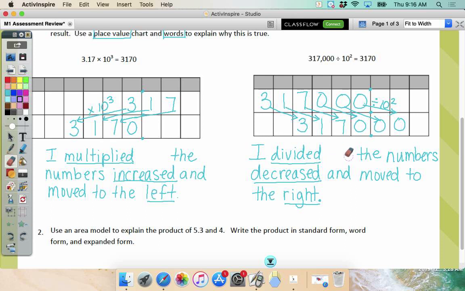I don't really like my wording with two ands in there, so I'm changing this first and to the word so. I divided so the numbers decreased and moved to the right. Sounds a little better to me. You don't have to change it, but I am. I didn't like two ands.